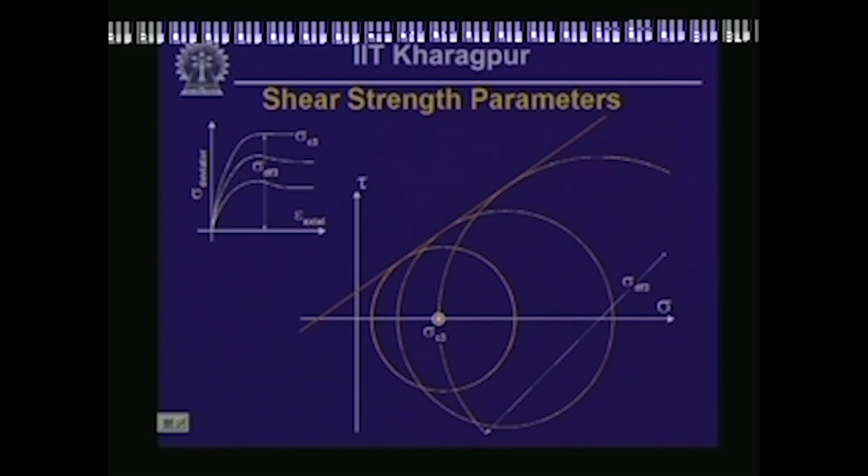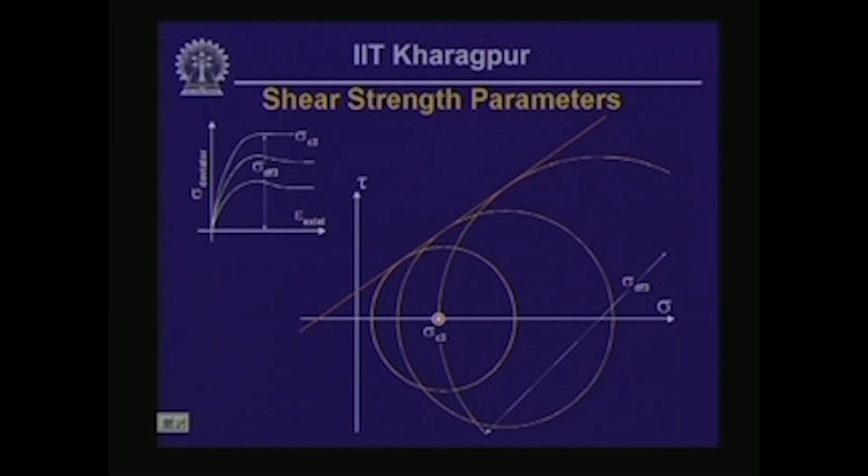If you conduct a series of triaxial tests and construct the Mohr circles at failure, more often than not you can connect them with a common tangent, as shown by the orange line plotted on the tau sigma space.